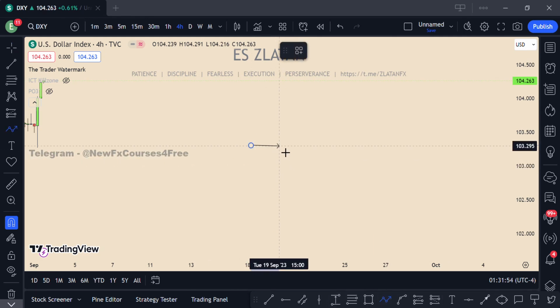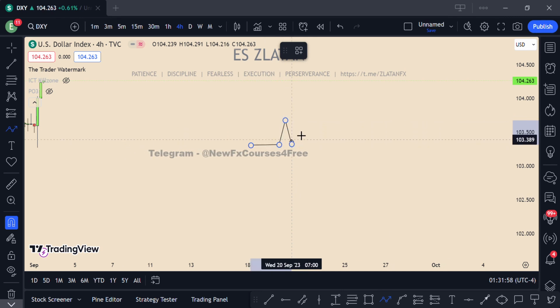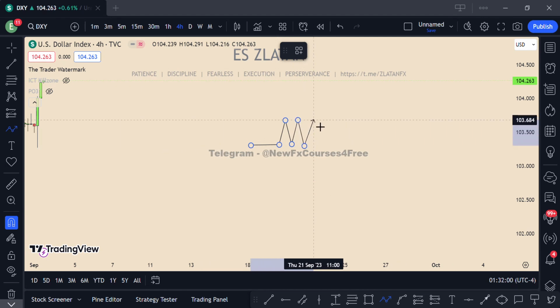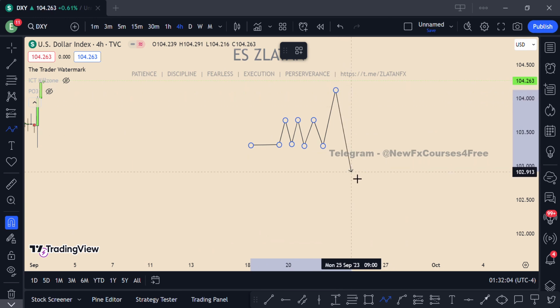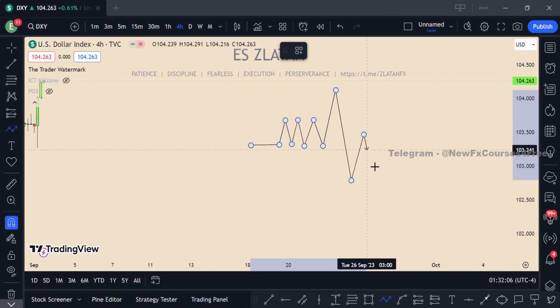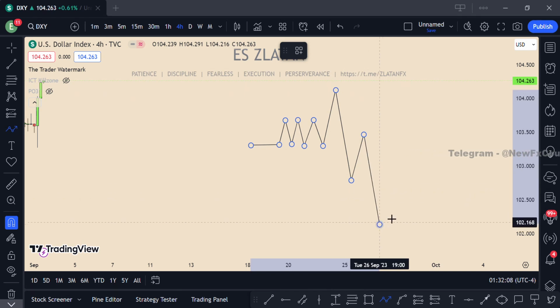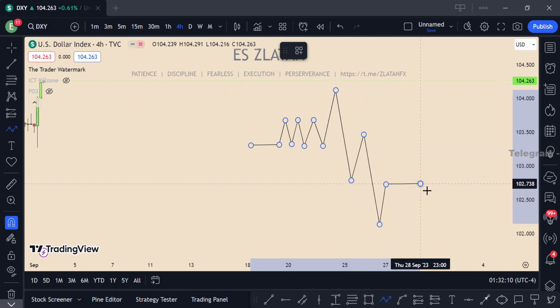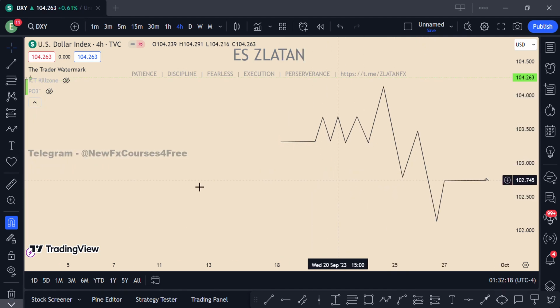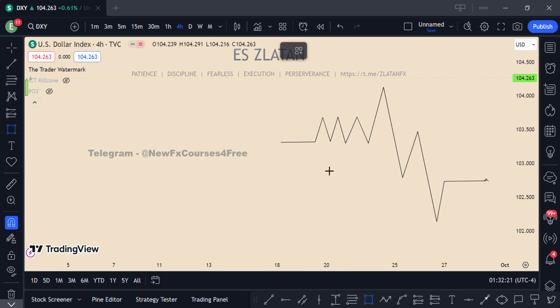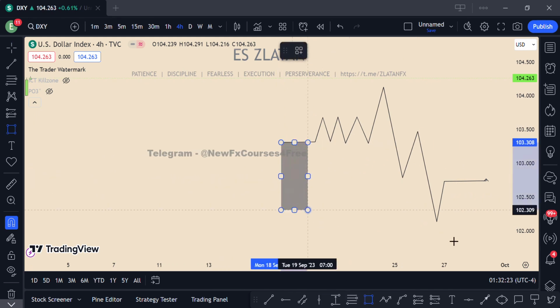So they open, accumulation, manipulation, OTE, and they close. So this is basically what a candle is made up of.